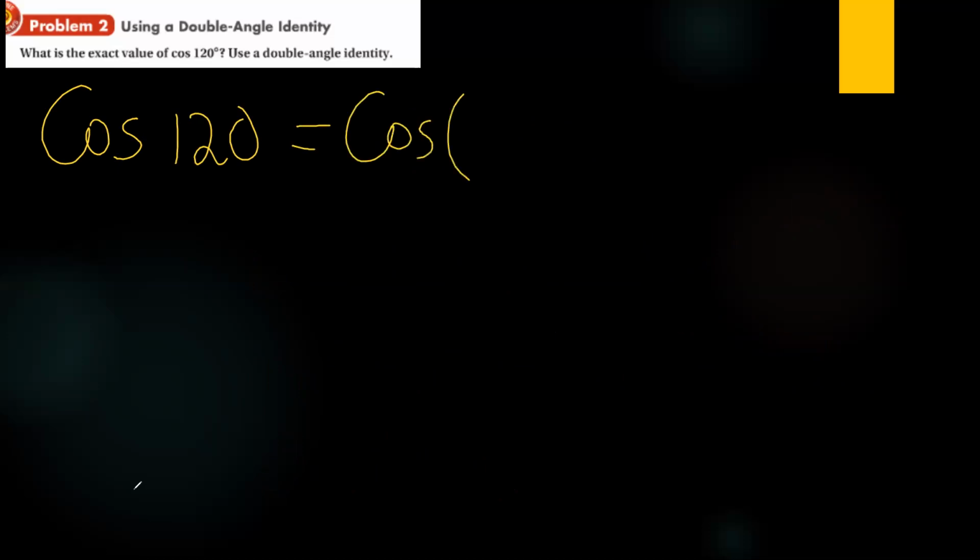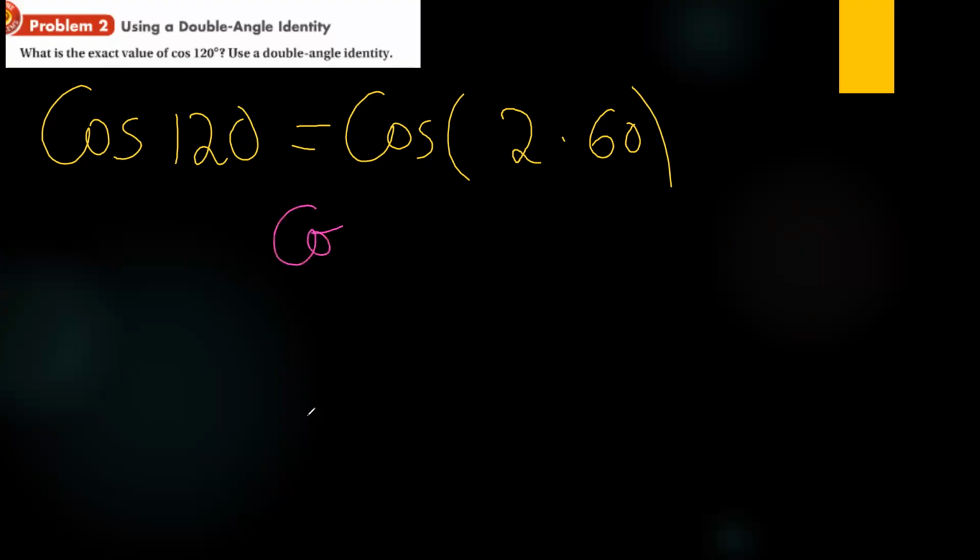Now, for cosine of 120 by the double angle, I will say in my mind, what is the angle that I multiply by 2 to get 120? It's 60. Then I will ask myself, how can we find cosine 2 theta? I will use one of the 3 identities.